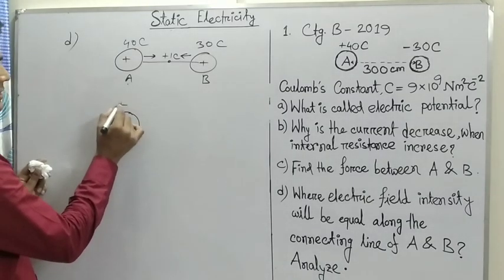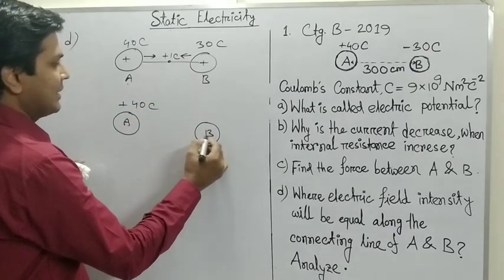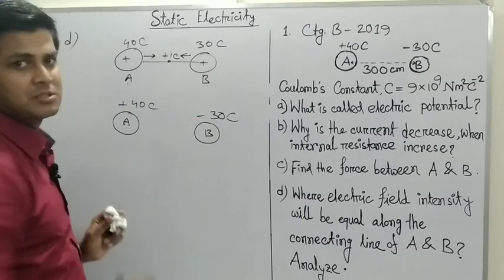Suppose point A has positive 40 coulomb charge and point B has negative 30 coulomb charge.